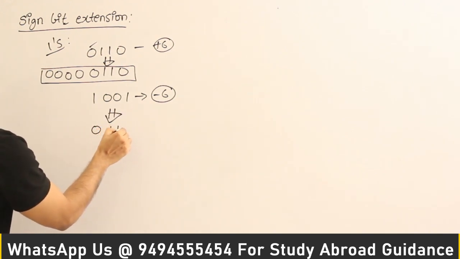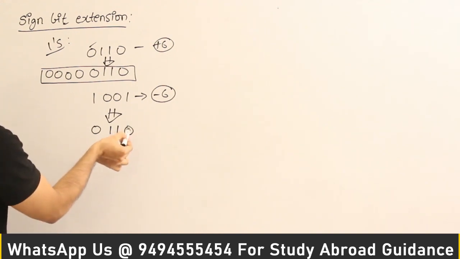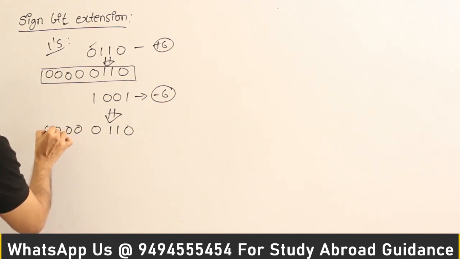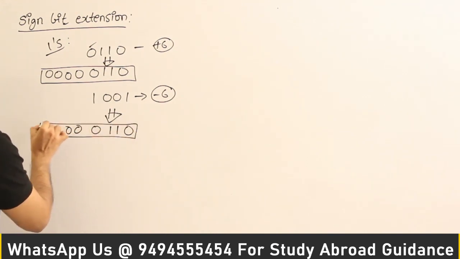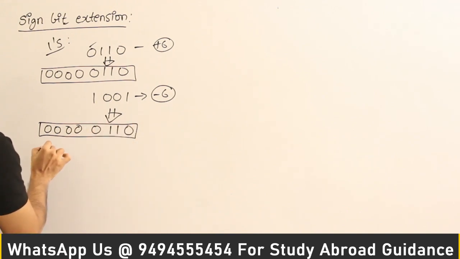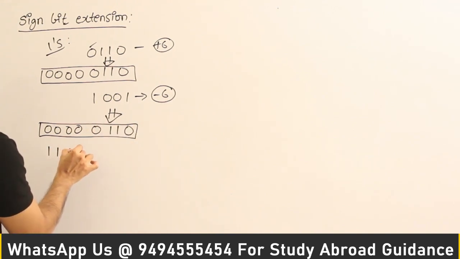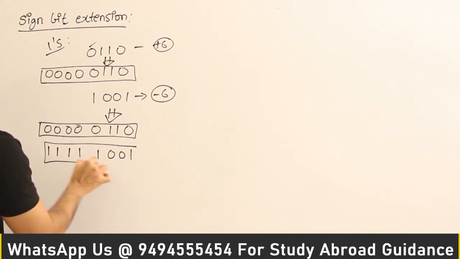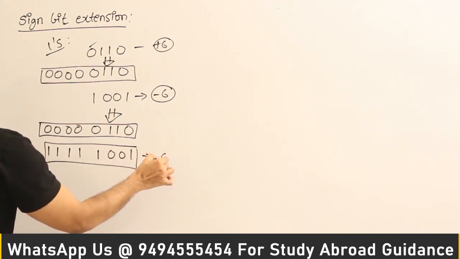0 1 1 0, right? And you try to extend it. So if I extend it, it is going to be 0 0 0 0 0 1 1 0, and now you find out the ones complement, it is going to be minus 6, isn't it? This is plus 6, therefore the ones complement is 1 1 1 1 1 0 0 1, therefore this is minus 6.